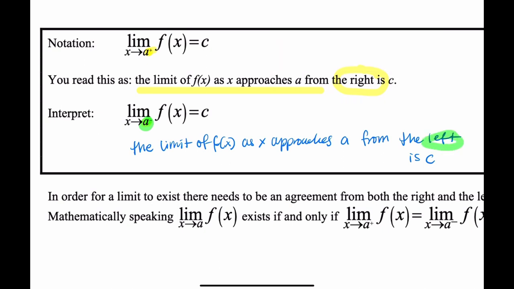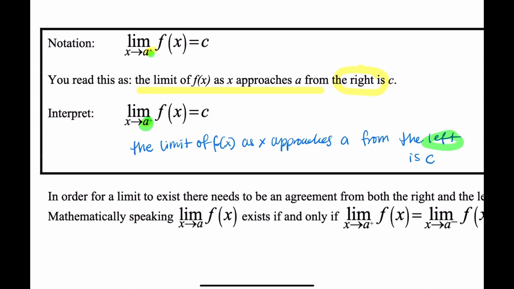Anytime I am observing a limit and I have a positive sign next to my x value, I'm going to be observing it from the right, and when I have a negative sign, I'm going to be observing it from the left.